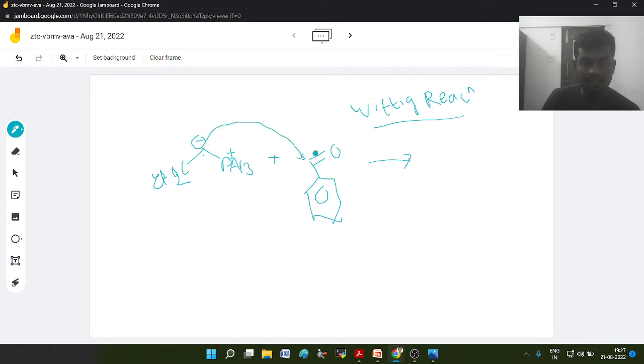It will attack this, and I have a benzene ring, there is O minus here, and there will be phosphorus with Ar3, this plus, and then COOEt. Okay, so this is the intermediate form.